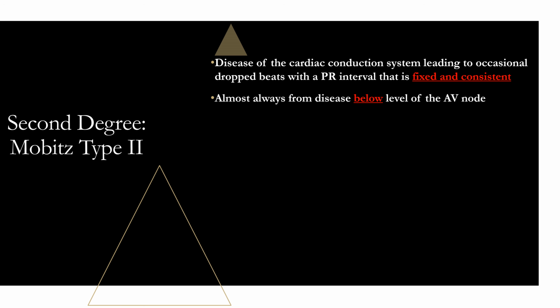Now, as far as etiology, there's not a lot new to know here compared to a Mobitz type 1, so I'm not going to bore you with the details. Meds, myocardial infarction, myocarditis from Lyme disease, hyperkalemia. The key difference, though, and what I really want you to remember, is that we are no longer going to see this in our young, healthy, athletic patient. A Mobitz type 2 block is rarely seen in patients without underlying heart disease. So this is no longer going to be a normal variant like we saw in the first couple of AV blocks we went over.